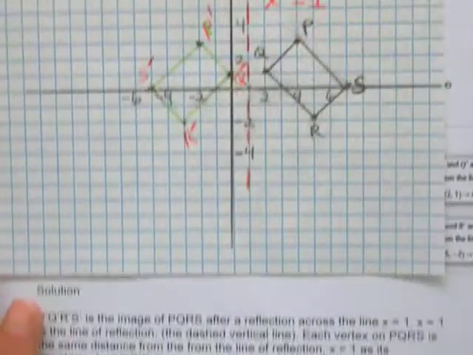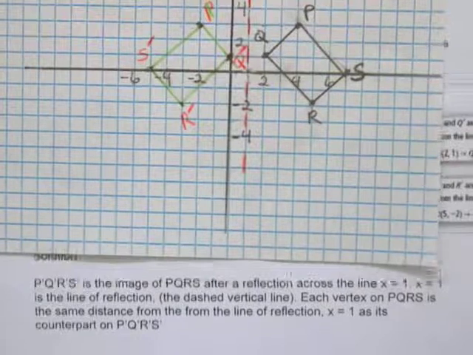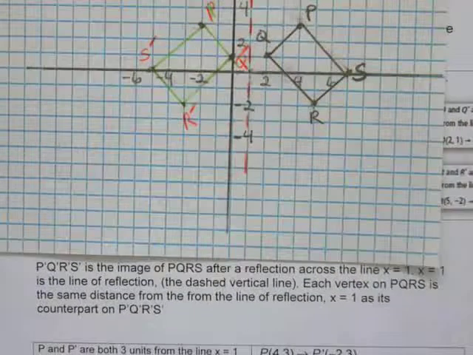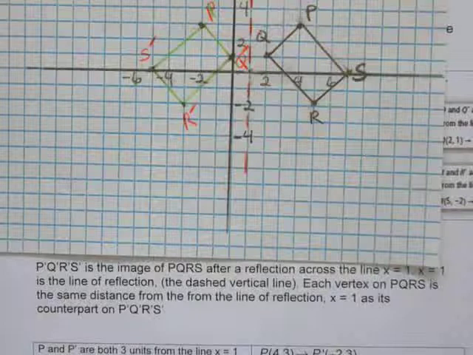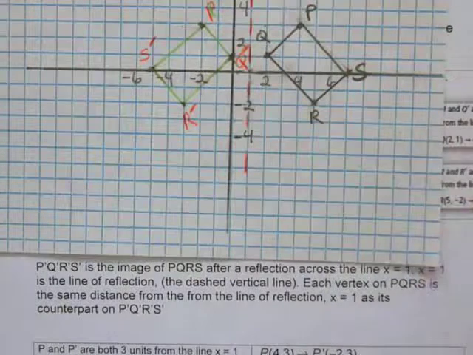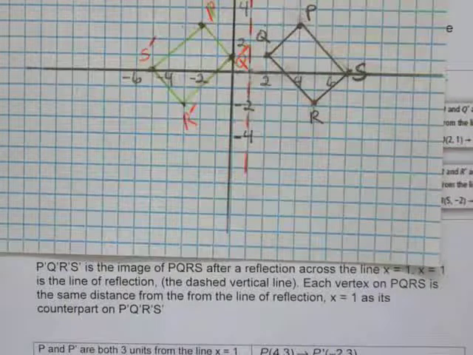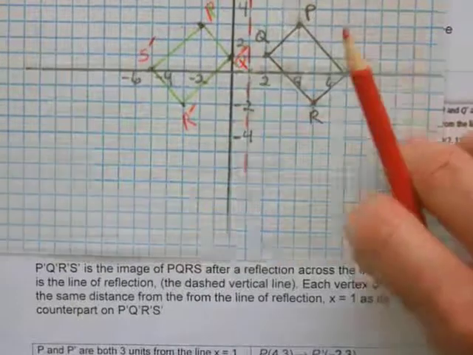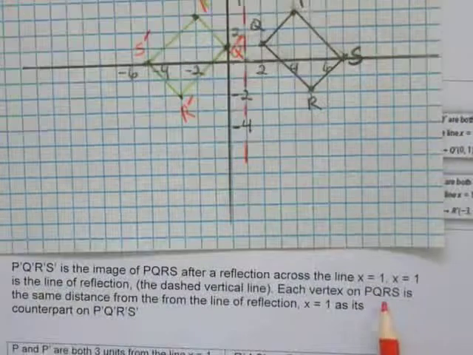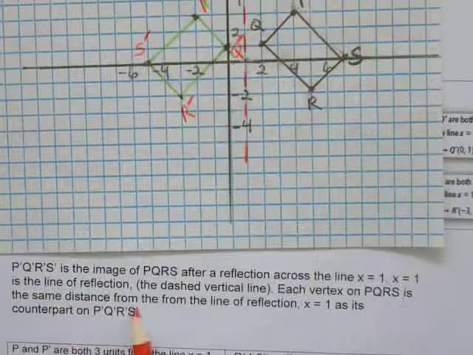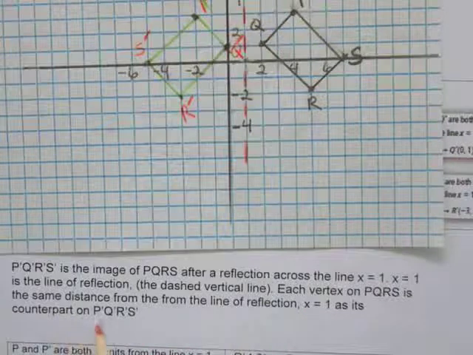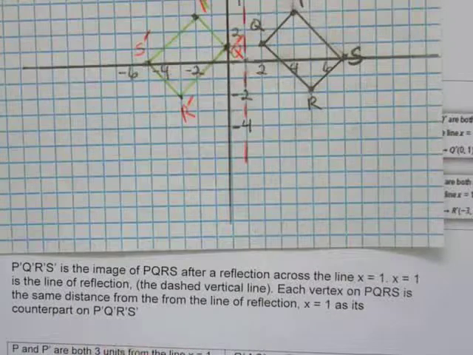So the solution reads: P'Q'R'S' is the image of PQRS after a reflection across the line x equals 1. X equals 1 is the line of reflection, and that, of course, is the dashed vertical line. Each vertex on PQRS is the same distance from the line of reflection, x equals 1, as its counterpart on P prime, Q prime, R prime, S prime.